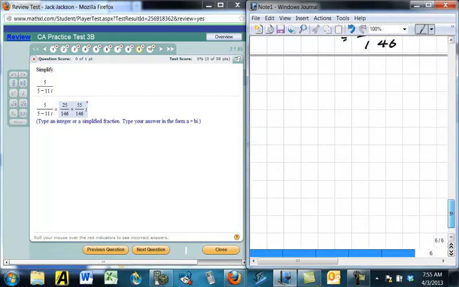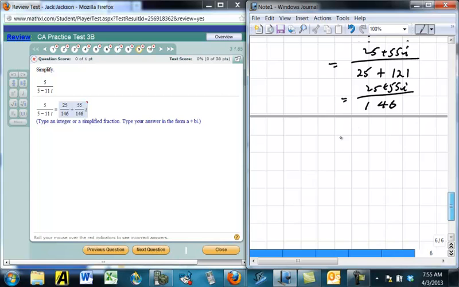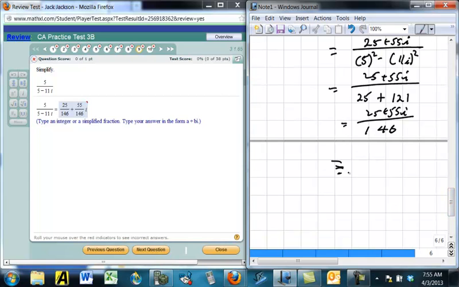And then we distribute this: 25 over 146 plus 55 over 146 i, and then we reduce these fractions if we can. We can't in this case, so there's our final answer.